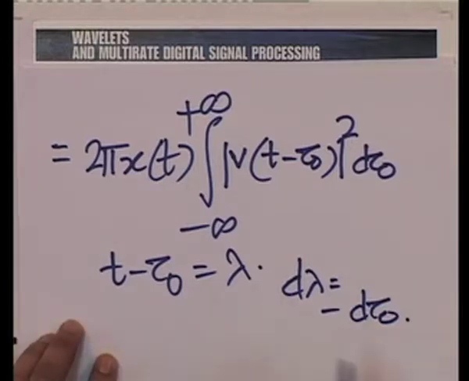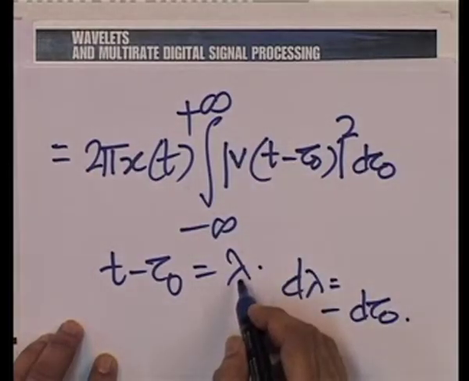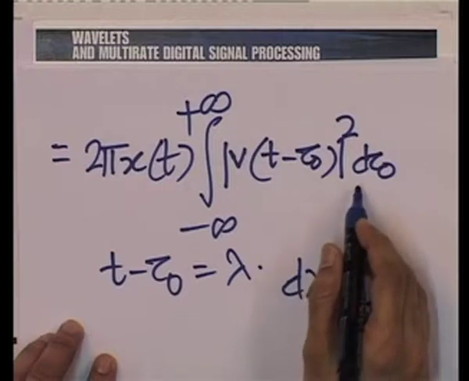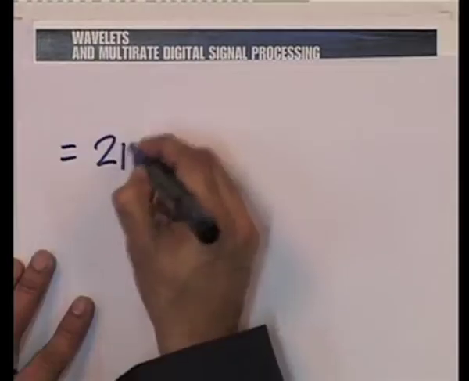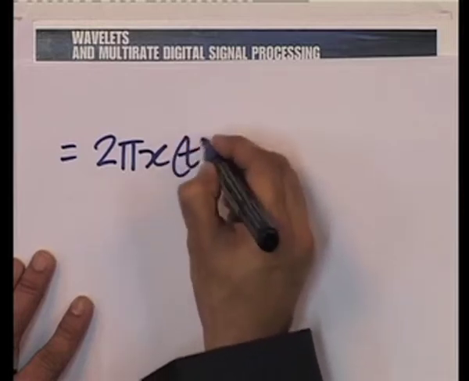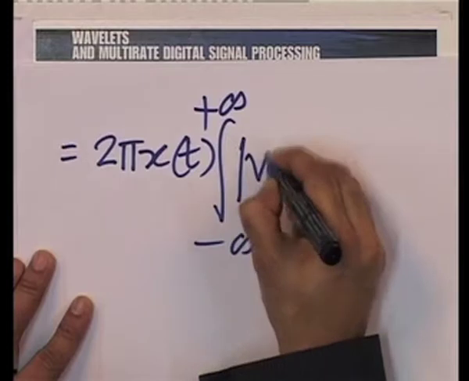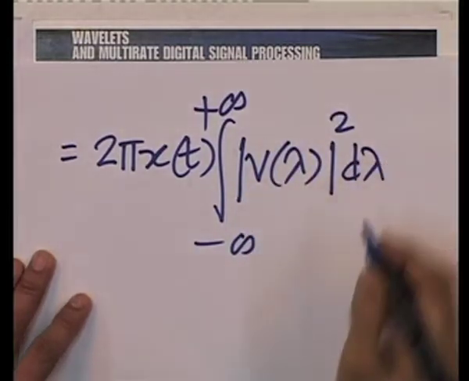And as you note, when tau naught goes from minus to plus infinity, lambda would go from plus to minus infinity, but with a minus sign here. If we absorb that minus sign and the order of the integration, we can easily show that this is equal to 2 pi x t times the integral from minus to plus infinity of mod v lambda squared d lambda.